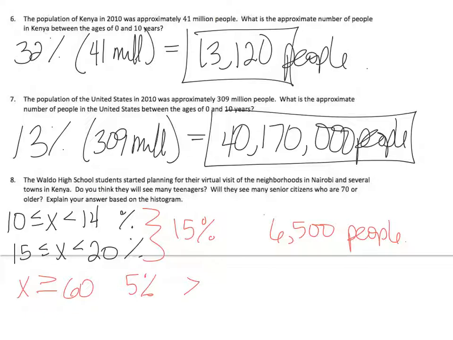So greater than 70, I'm going to go back and look. I see about 2%. That's super duper small. So I don't think they're going to see many people older than 70. Okay, it's pretty unlikely. They'll probably see a lot of teenagers because there's about 6,500, but the amount of 70-year-olds and older is pretty small.